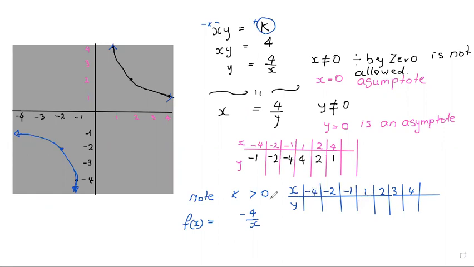Now, when x is a 1, y will be negative 4. And when x is a 2, y will be negative 2.